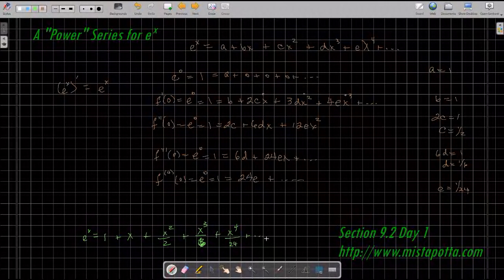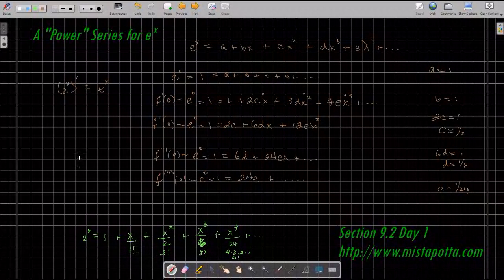And the thing is, keep in mind, the reason that this is 24 is this is really 4 times 3 times 2 times 1, or what we would call 4 factorial. Similarly, this is 3 factorial. And this is a rather boring way of saying 2 factorial. And I could have called this 1 factorial.